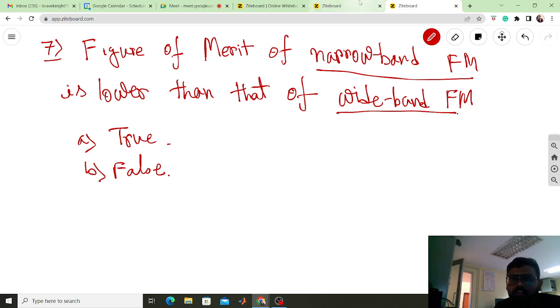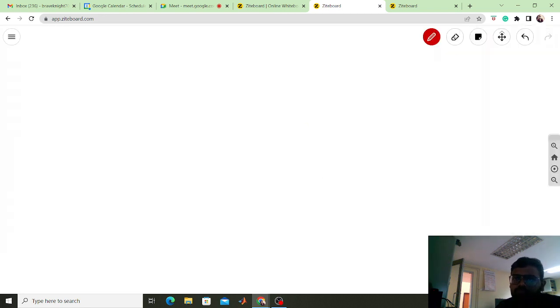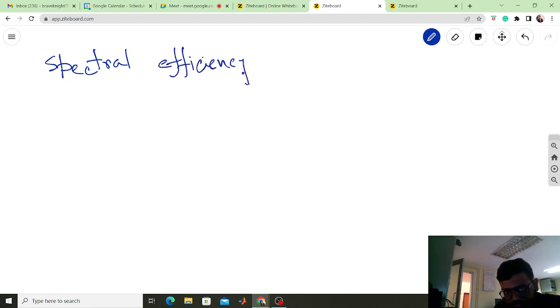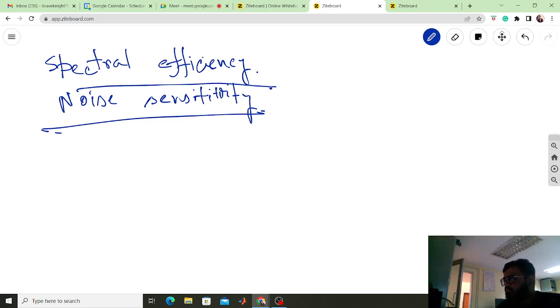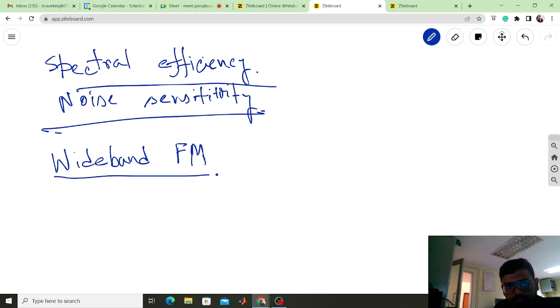So, there are few things like spectral efficiency, and noise sensitivity. So, if we are using a wideband FM, this uses what this wideband means.